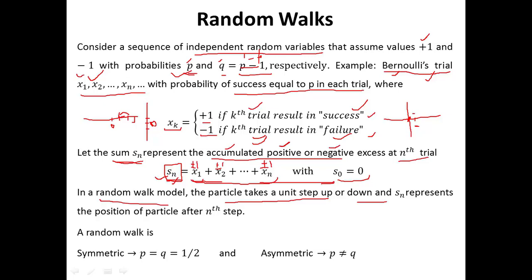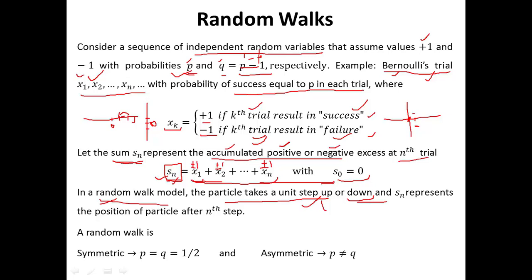So this is called as random walk model, where particle takes a unit step up in the case of successful trials, or unit step down in the case of failure trial.